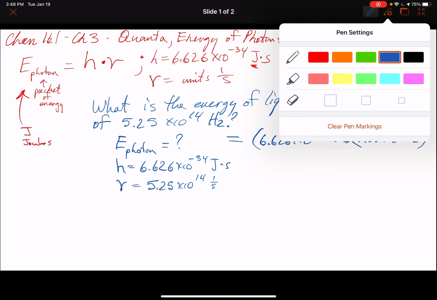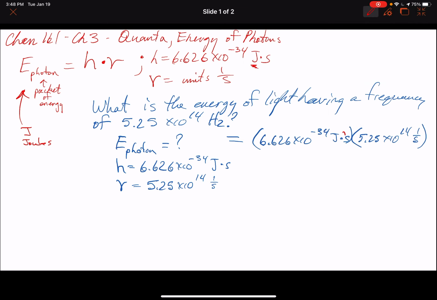And you can see here now that the seconds will cancel with the per second, and we'll answer in joules. Okay, so the answer here in joules is going to be 3.48 times 10 to the minus 19 joules. And let's just reemphasize that we have just solved the energy of a single photon of this light that has this frequency.